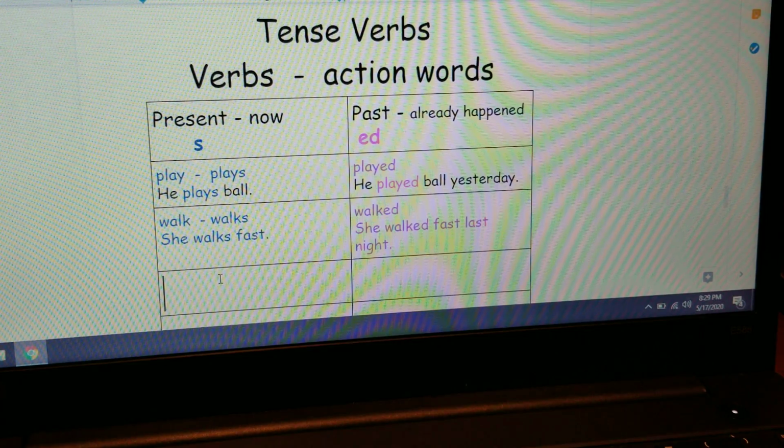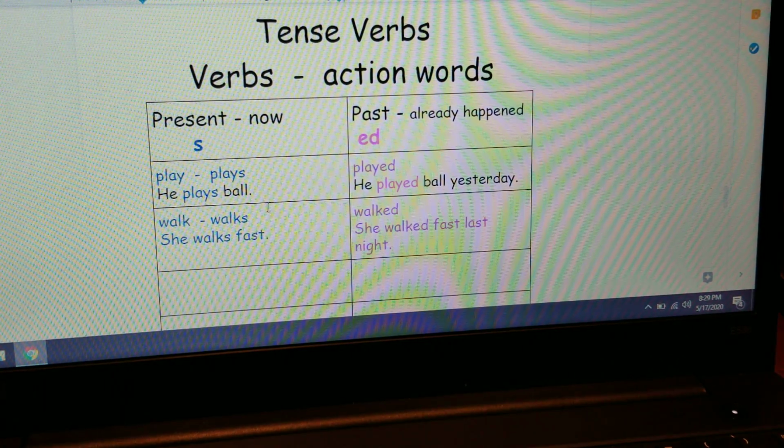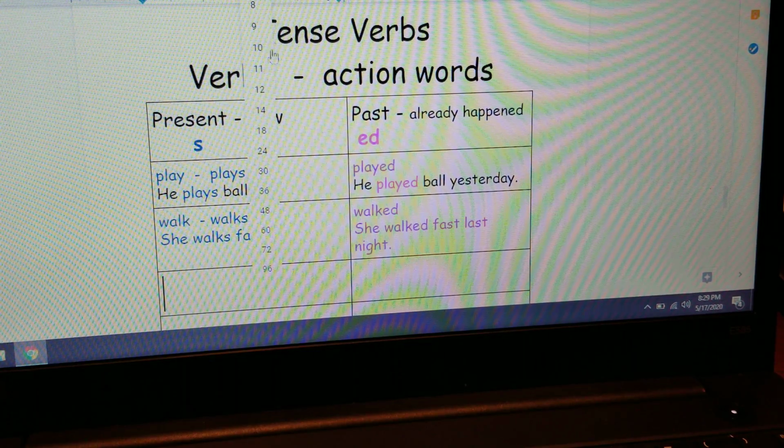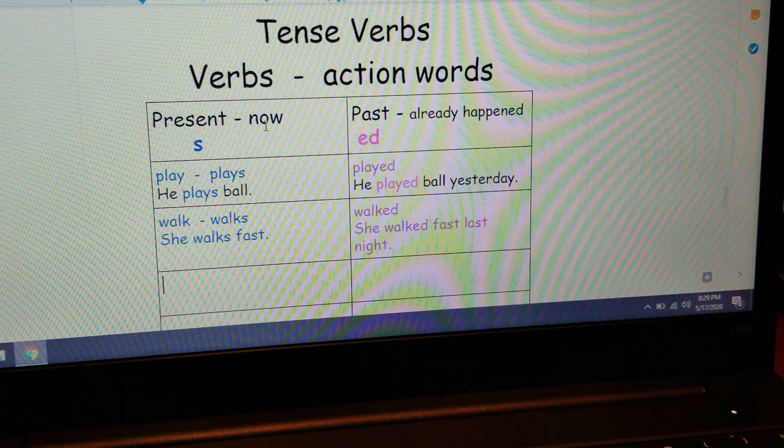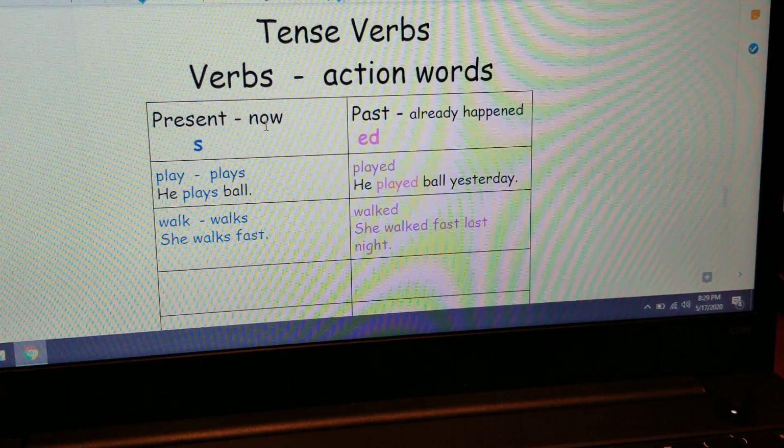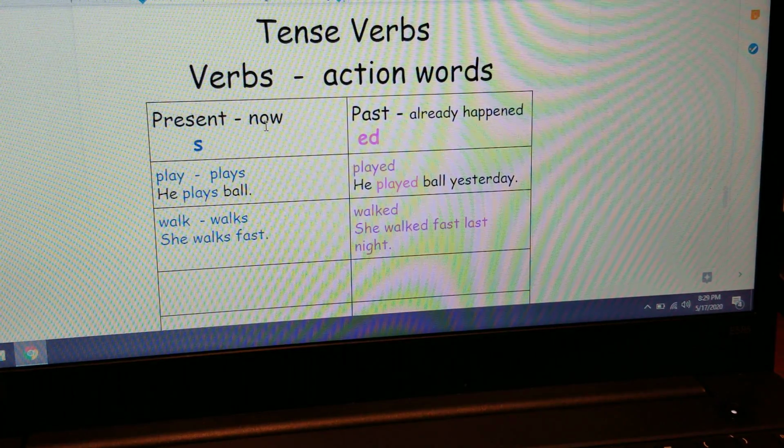Okay, let's try another word. I'm trying to think of another quick verb. Oh, let's do race.